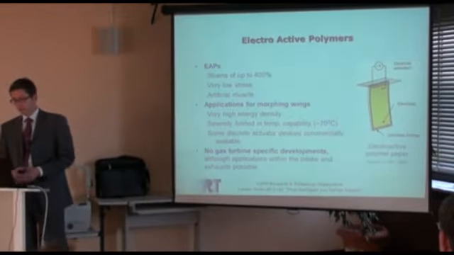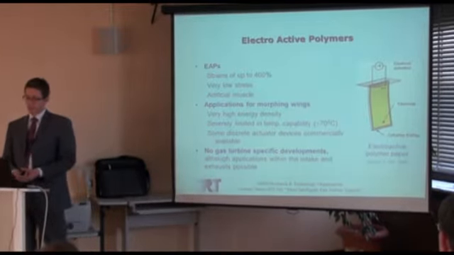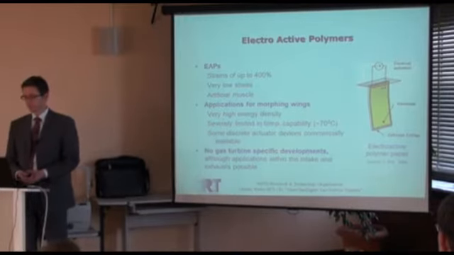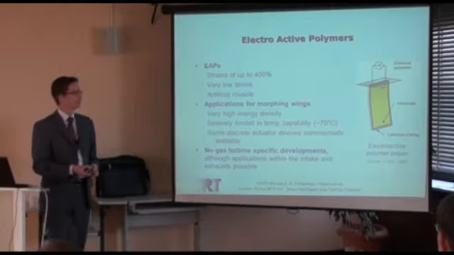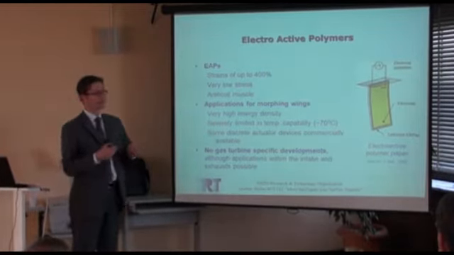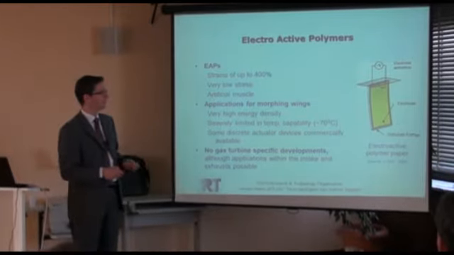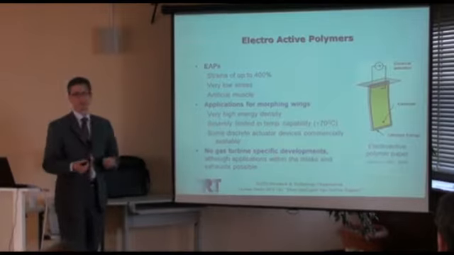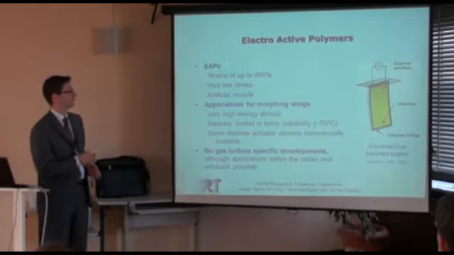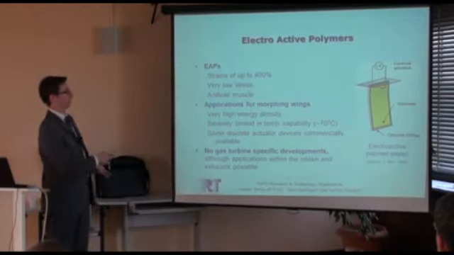Now, electroactive polymers, that's a fairly new technology. It's not yet used in aerospace, but more for robotics. For example, moving robot faces are made of these electroactive materials. They have very high strains, so large deformation at very low stress.